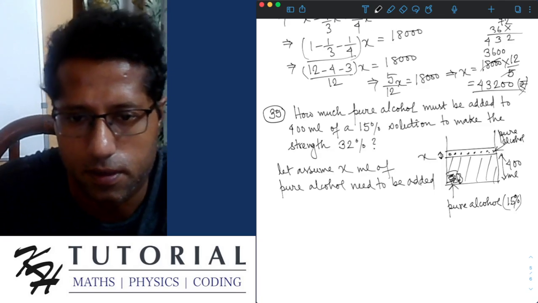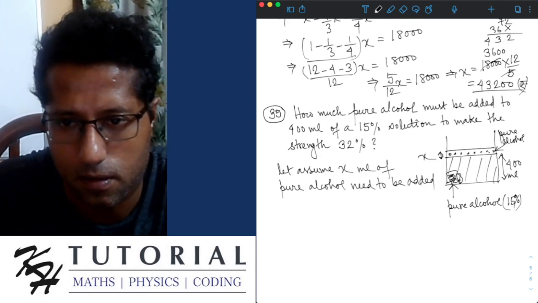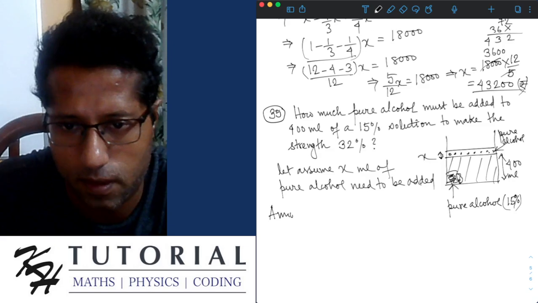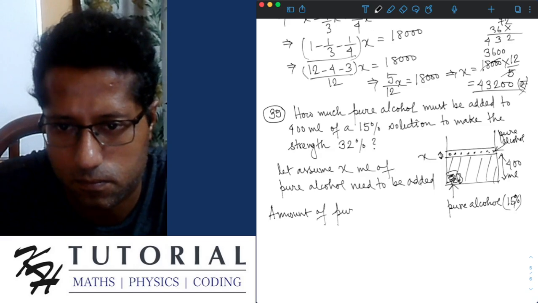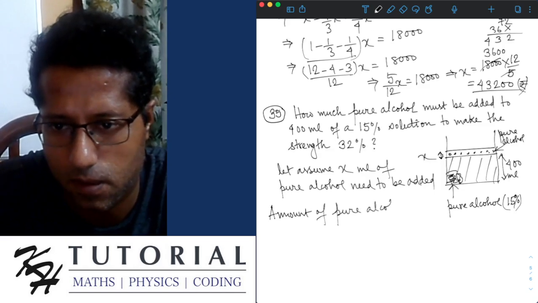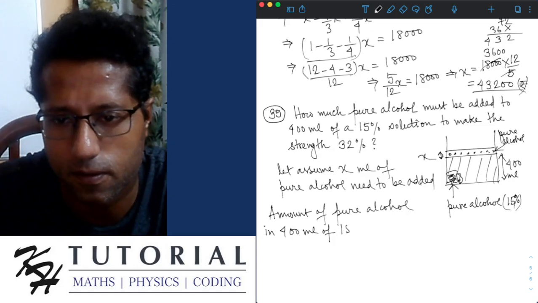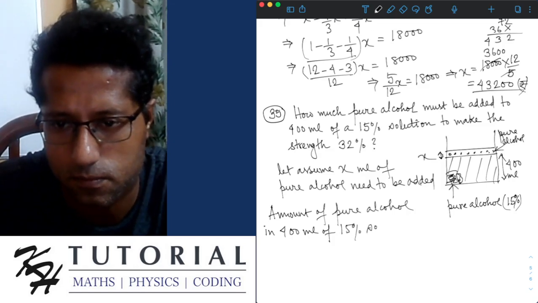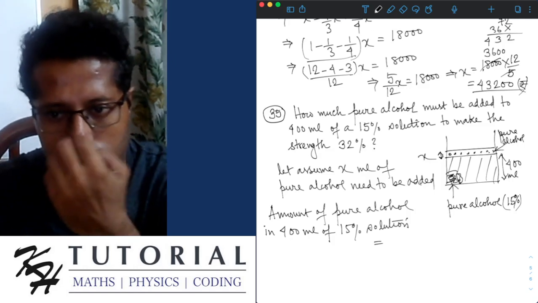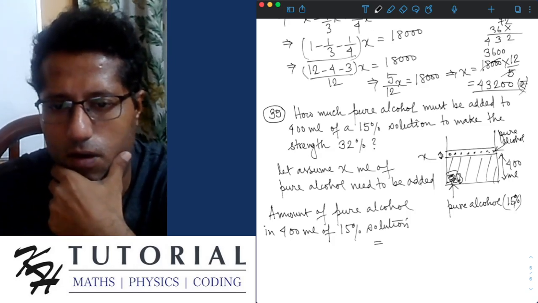Now we need to find the amount of pure alcohol in 400 ml of 15% solution.